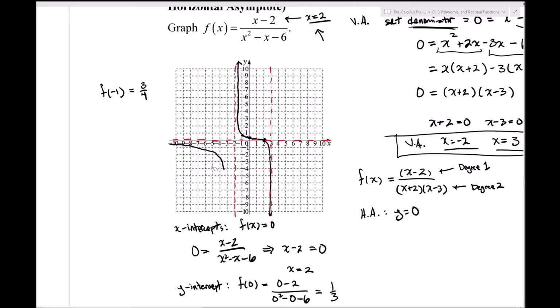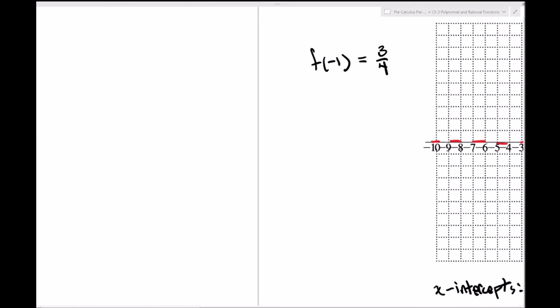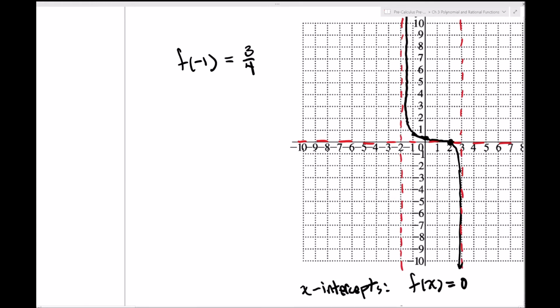So I'm going to go ahead and plot a couple of other points just to see what we have. I'm going to take my calculator again, and let's say I'm plugging in x equals -3. If I plug in x equals -3, I get -0.8333 something. So at -3, -0.83, that's close to -1, but not quite -1. If I take x equals -4, we get -0.4285 something. x equals -5, negative 0.292.